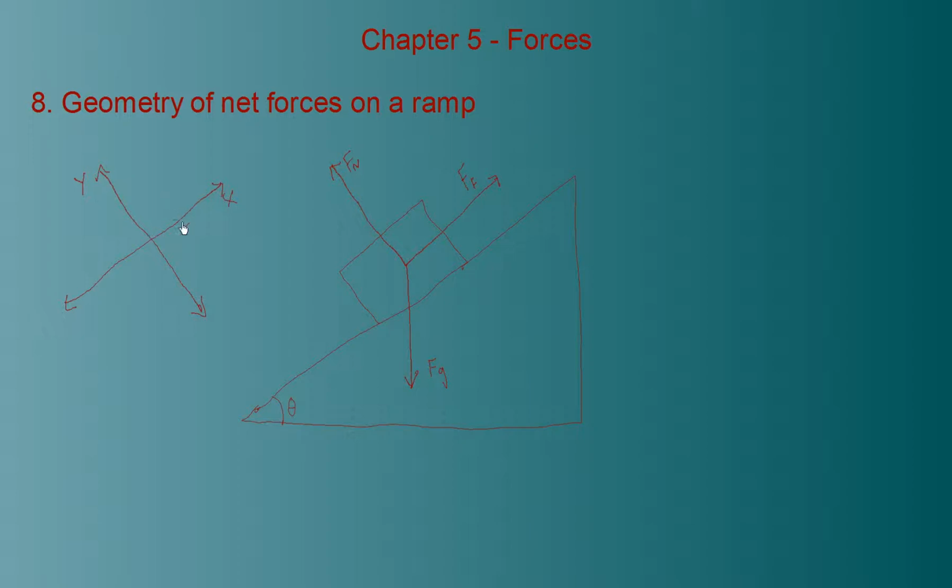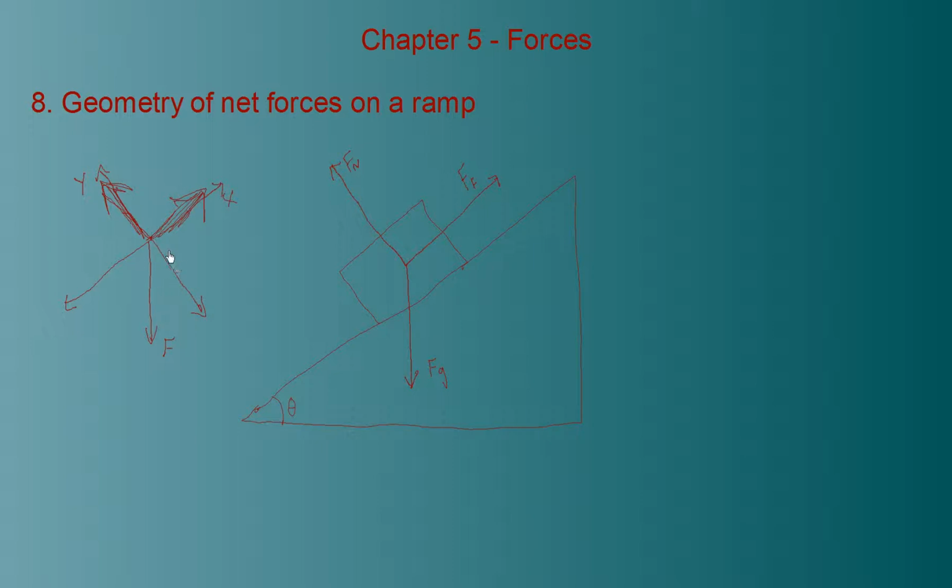What that does is it puts the normal force in the y-axis. It puts friction or maybe tension in the x-axis, and now only gravity needs to be broken up into components.